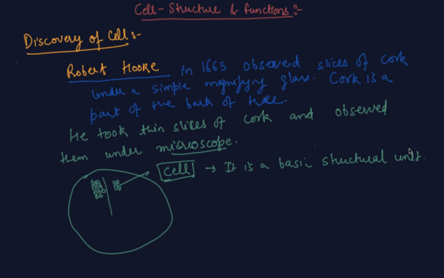After the discovery of the cell by Robert Hooke, very little information was known about the cell for the next 150 years. Today we know a lot about cell structure and its function because of the improved microscopes we have nowadays. Now I will discuss what is a cell.